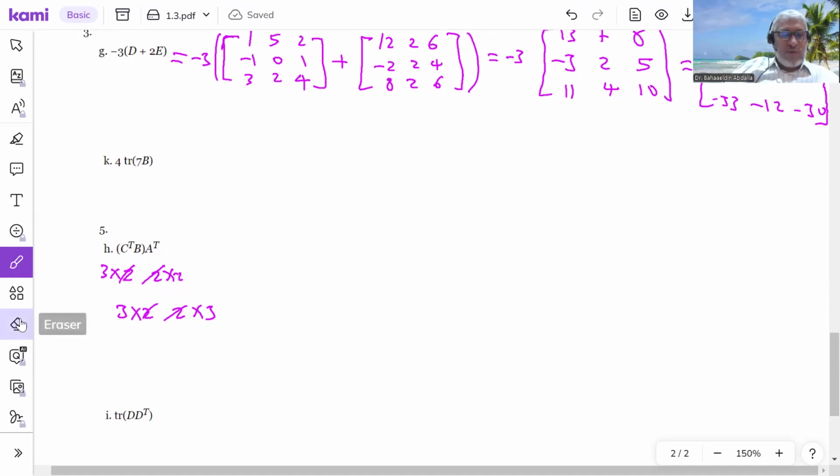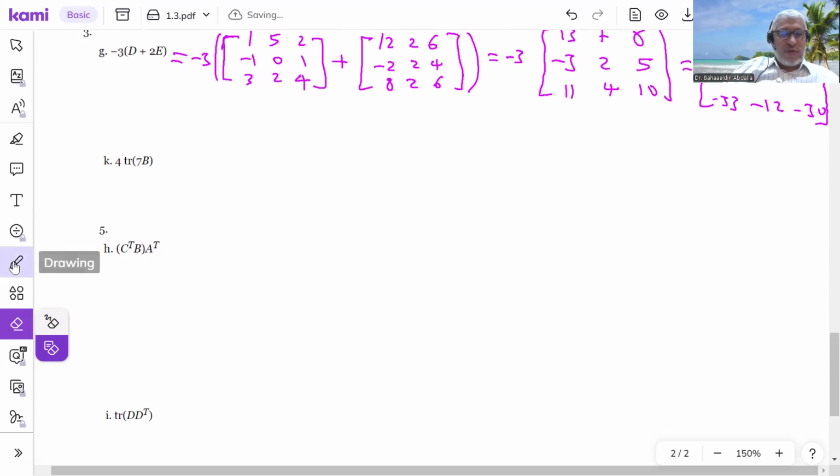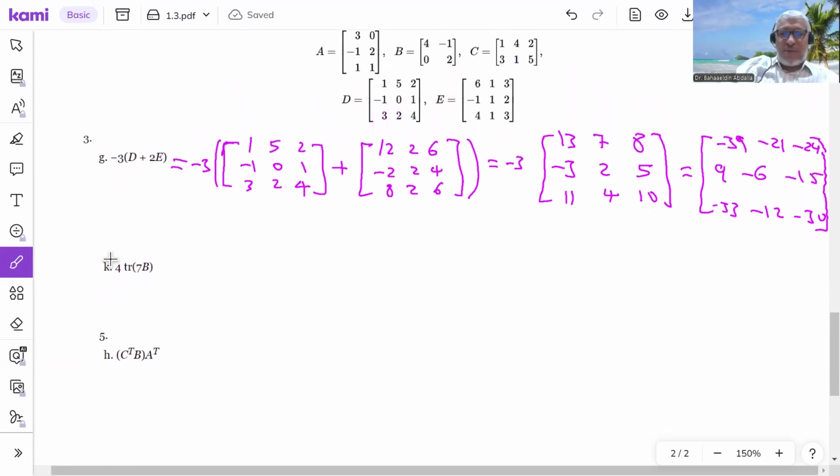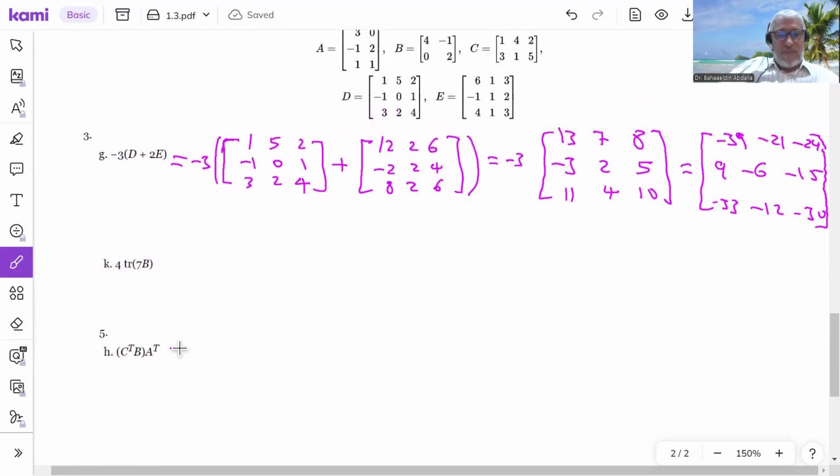So let us do it. So I can perform the multiplication. First, CT. This is C. Let me write CT. 1, 4, 2 is the row, I wrote it as a column. 3, 1, 5 is the second row, it would be the second column.